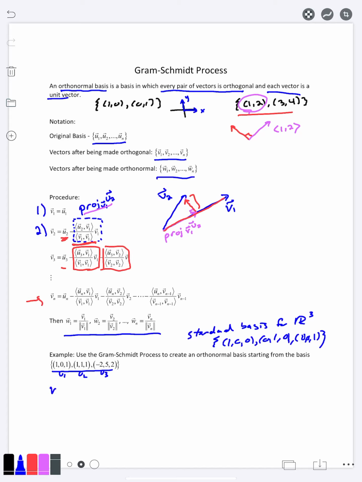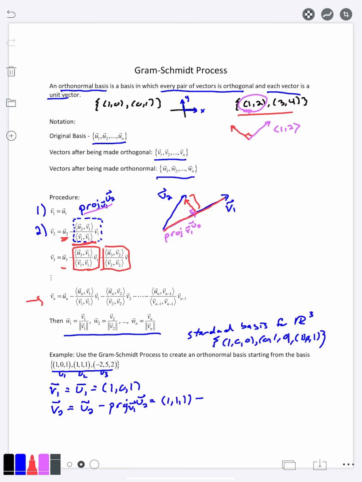We first find our v's. The first v is always the same as the first u, 1, 0, 1. My second v is going to be my second u minus the projection of the second u onto the first v. Well, my second u is 1, 1, 1.